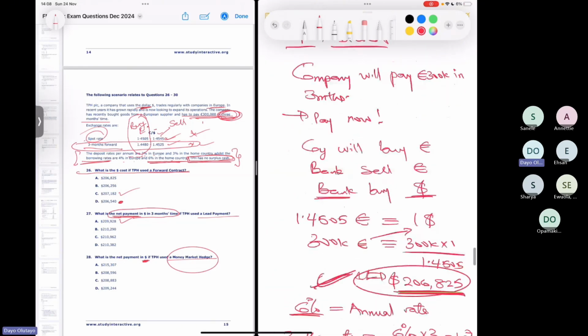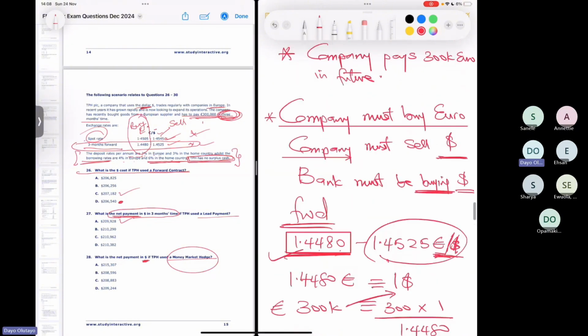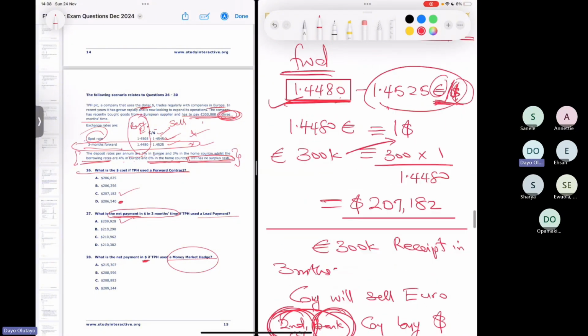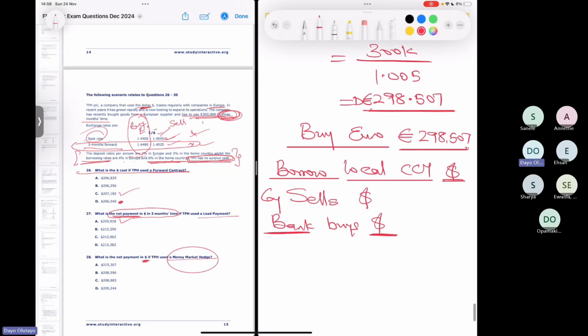Once I'm able to think like that, where's the quotes? And in this case, it has to be spot because I'm doing it now. So bank buys dollars at 1.4505.